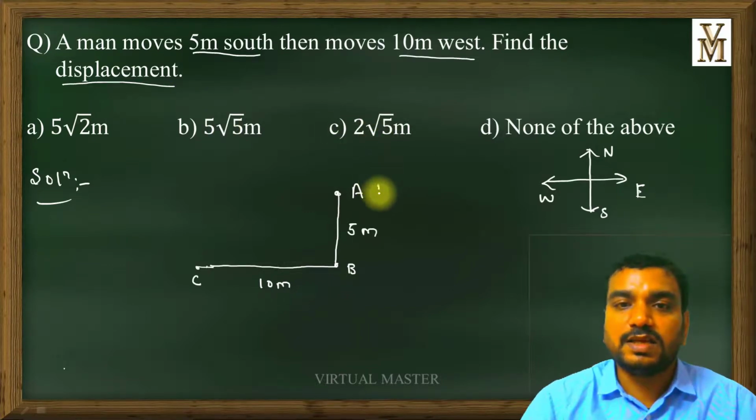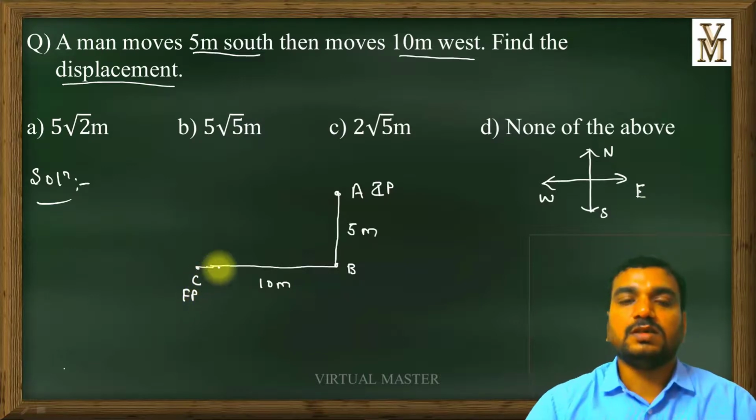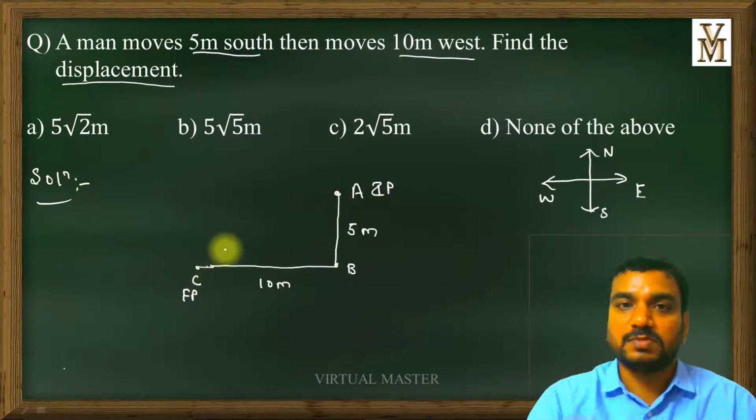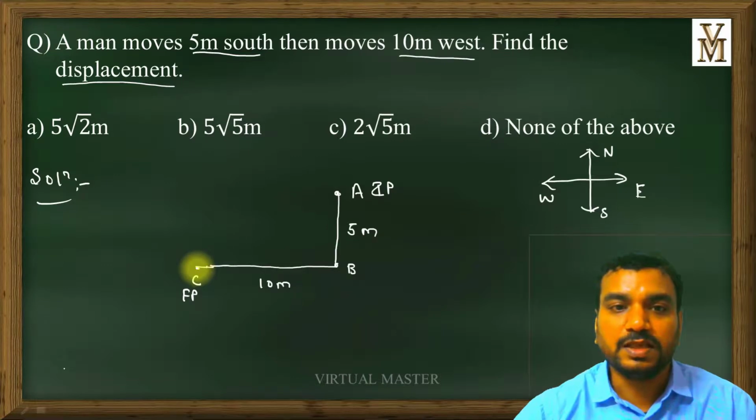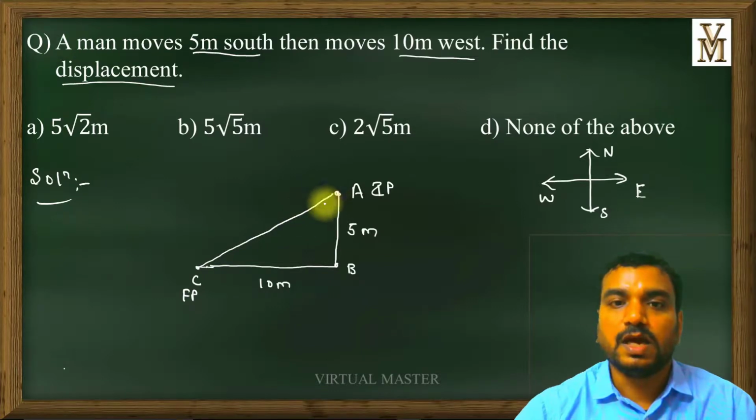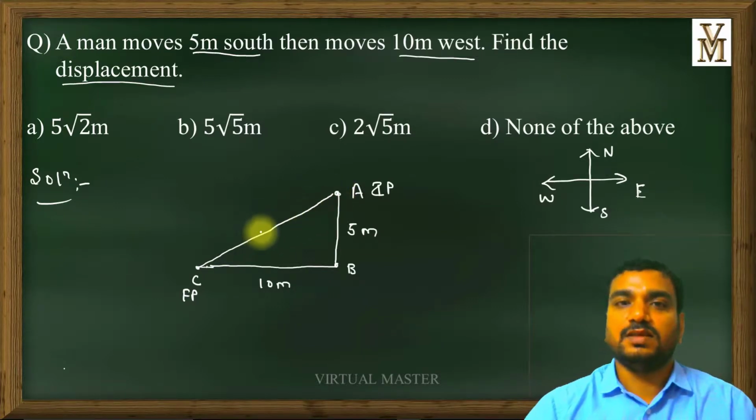Here A is the initial position and C is the final position. And the shortest distance between initial position and final position is nothing but the displacement. So to find the displacement, we have to draw a straight line between the initial position and final position. Okay, and the length of this straight line AC gives the displacement.